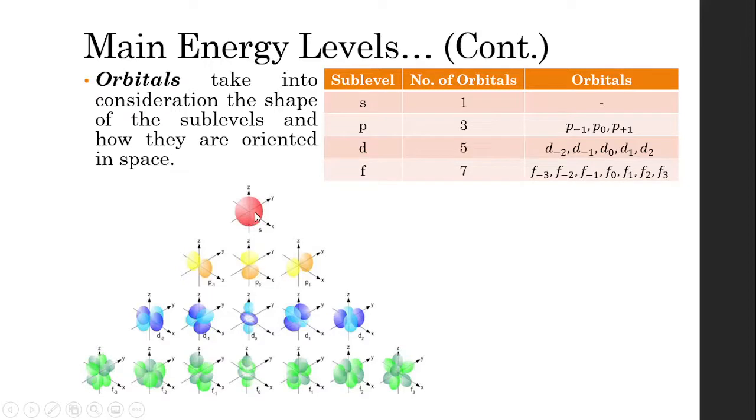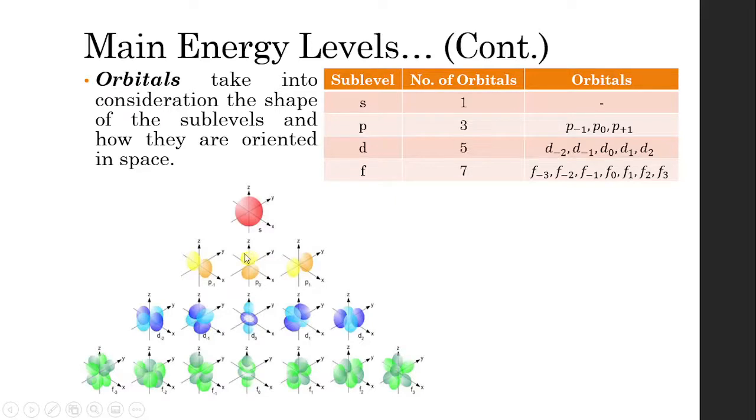And a sphere, no matter where you rotate it, the x direction, the z direction and the y direction will always be the same. So there's only one orbital at the s level. But for the p sublevel, there are 3 orbitals. Again, orbitals are basically the orientation of our shape in space.